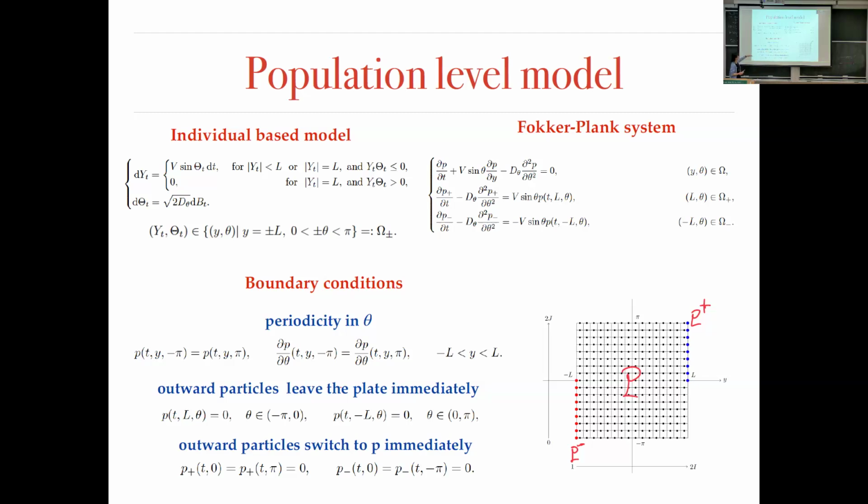For those outward going particles that attach to the boundary, as soon as the movement direction reaches 0 and pi, they would switch to inside particles immediately. And this is why at the two boundaries, 0 and pi here, the condition should be 0. When the particle attaches to the boundary, as soon as its movement direction is along the boundary, it would immediately change to the p type.